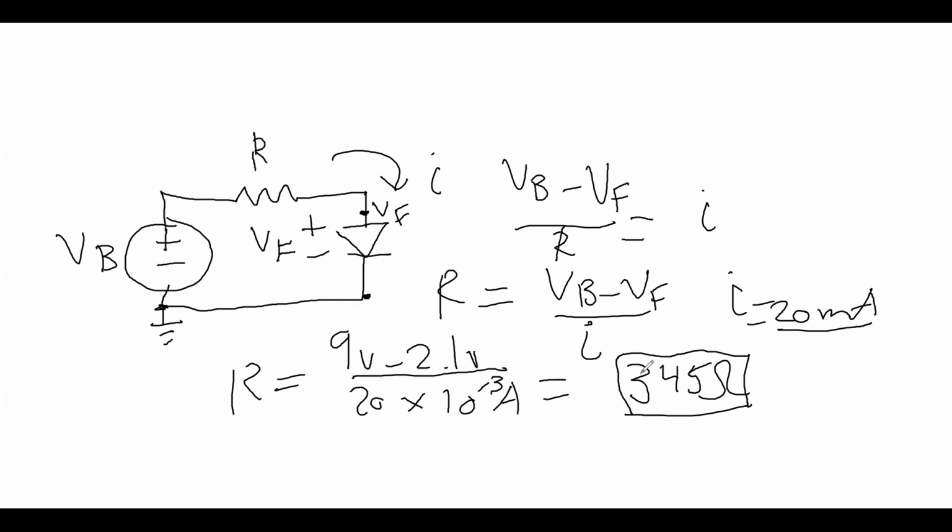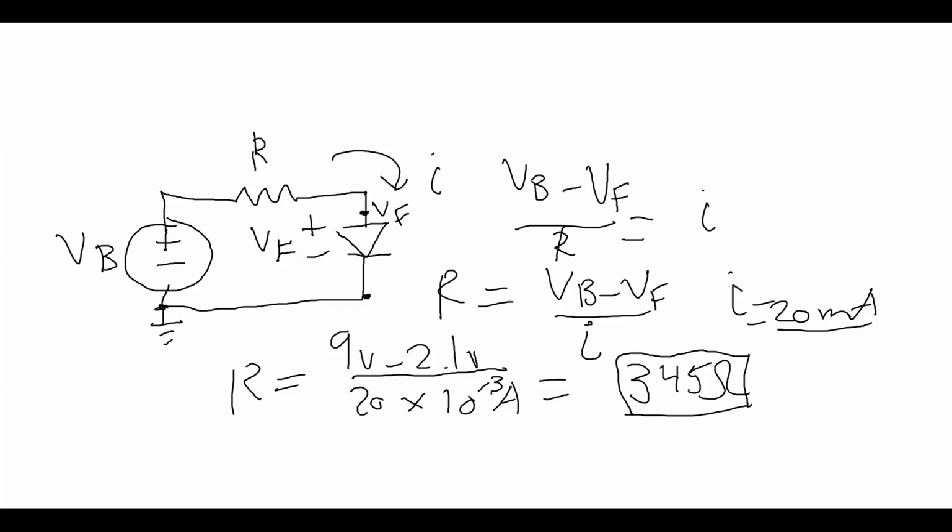Oh, people are typing in the chat. Yeah, I think I forgot to say that. The forward voltage of this LED is 2.1, and you can just look at data sheets to check it. But if you just buy some giant pack of LEDs, sometimes they don't come with data sheets.